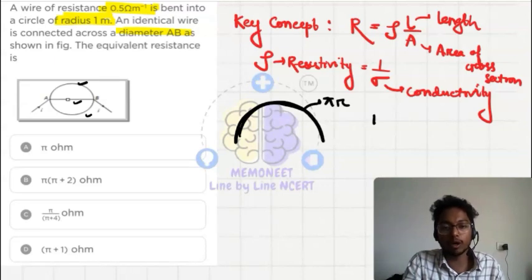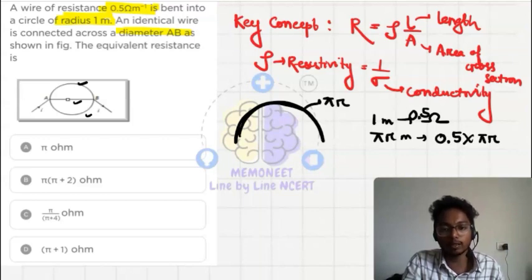For 1 meter length, the resistance is 0.5 ohm. So for pi r meter, we have the resistance as 0.5 into pi r ohm.